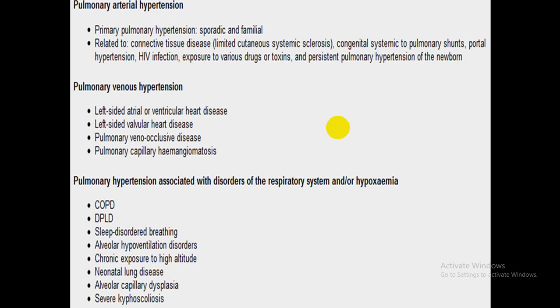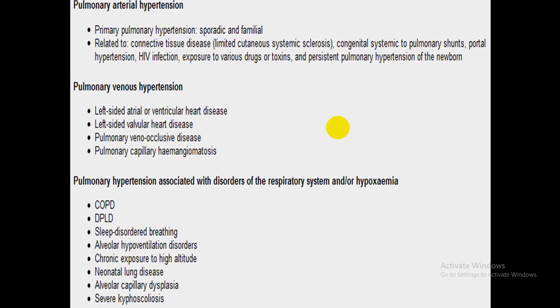As we talked in the last slide, pulmonary arterial hypertension is when the arteries are diseased, blocked or thrombosed, causing pulmonary hypertension characterized by low capillary wedge pressure and high resistance, in conditions of primary, familial, or secondary to small thrombi or small arterial disease in case of vasculitis or connective tissue disease like systemic sclerosis, or shunt, or hypertension, or chest infection, or some toxins and so on. So this is the arterial.